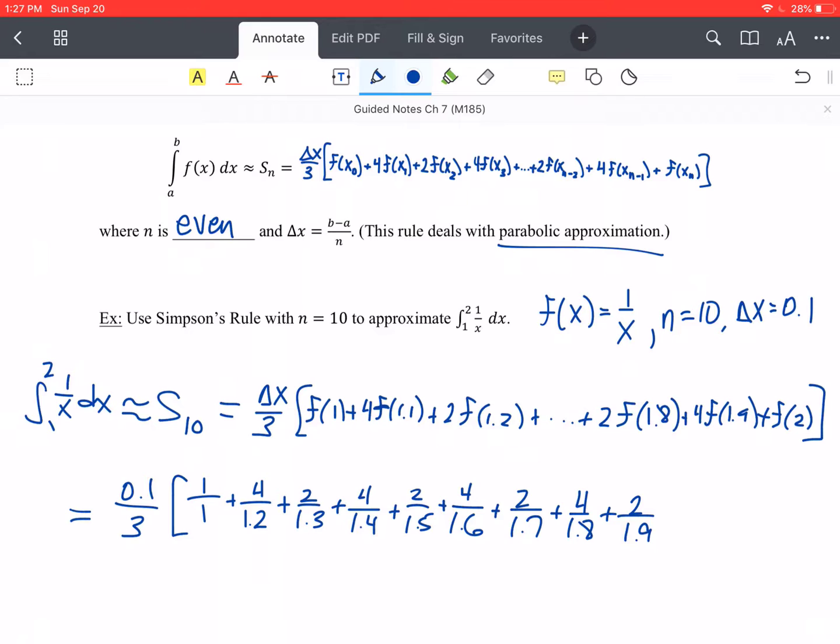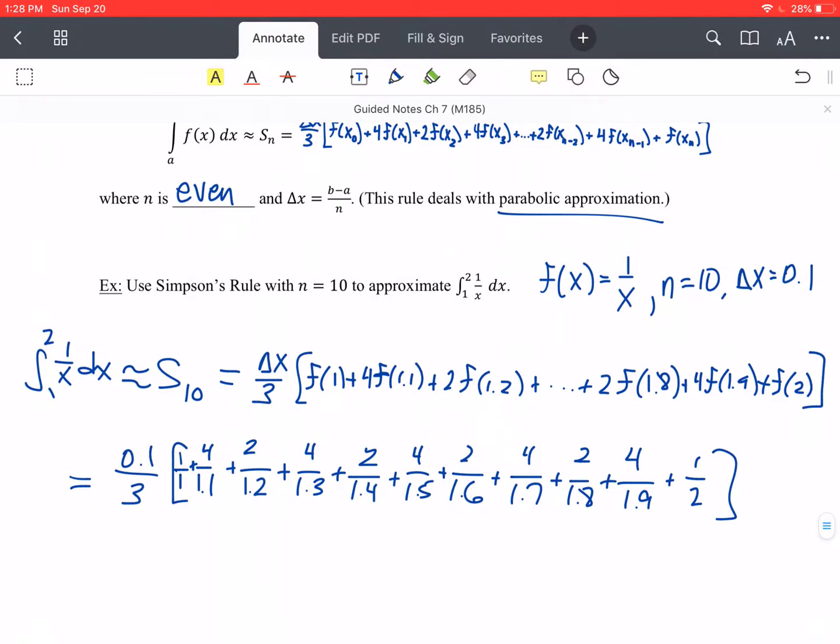Oh, I'm sorry, I skipped one, right back there at the beginning. I went to all this trouble to tell you guys that it'll always end on 4, so this is a good way to check yourself. So we've got 1 over 1, I forgot the 1.1, so we get 4 over 1.1. There we go, sorry about that, guys. Then 2, 4, 2, 4, 2, 4, 2, 4. There we go. And then plus 1 over 2.